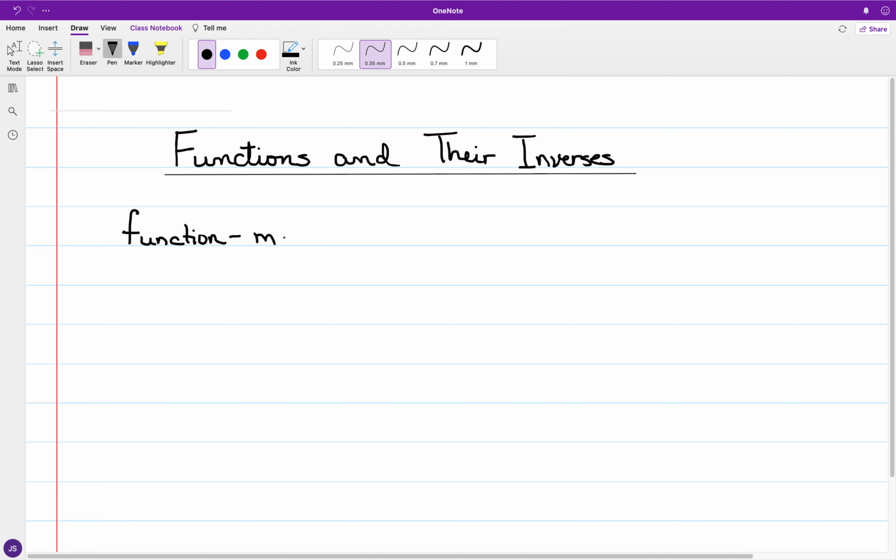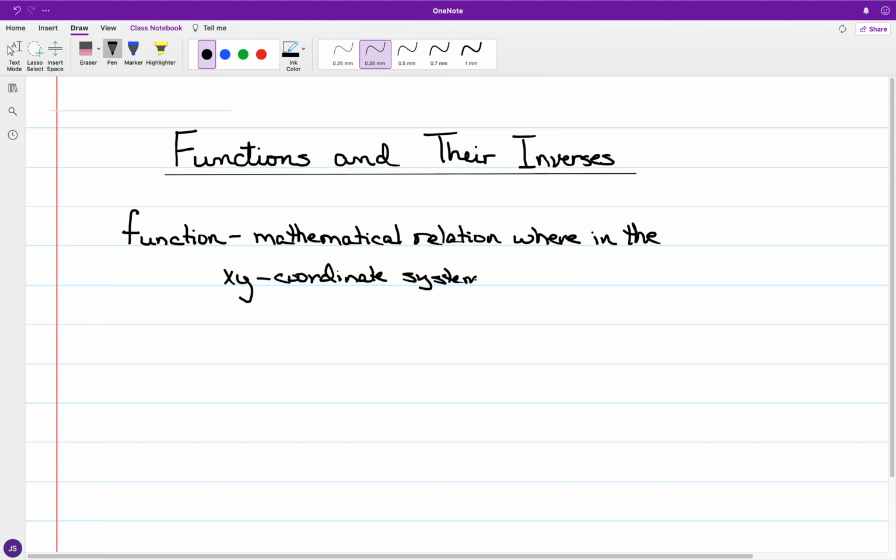And again, a function is going to be a mathematical relation where in the xy coordinate system, and it doesn't have to be the xy coordinate system, but just with the conventional xy system, for each x value, and again, that's going to be regarded as the input or independent variable.